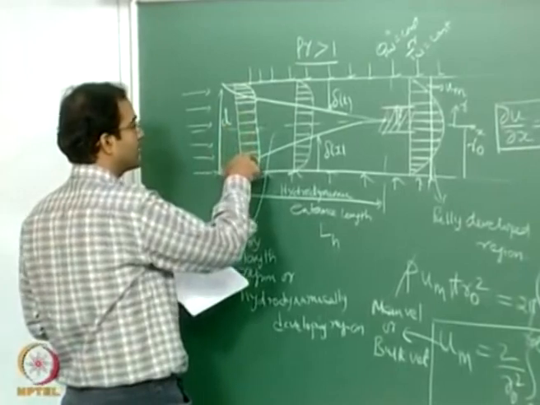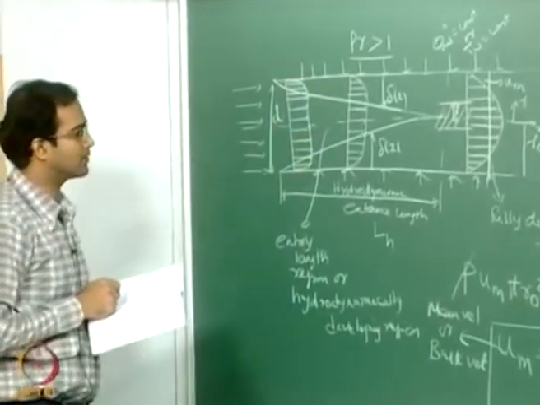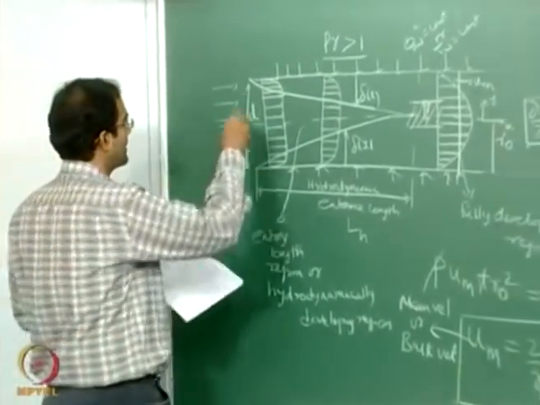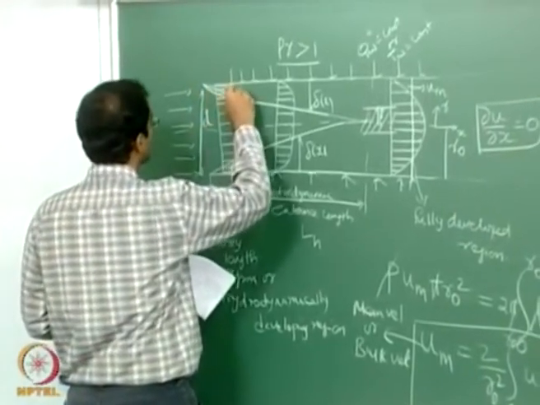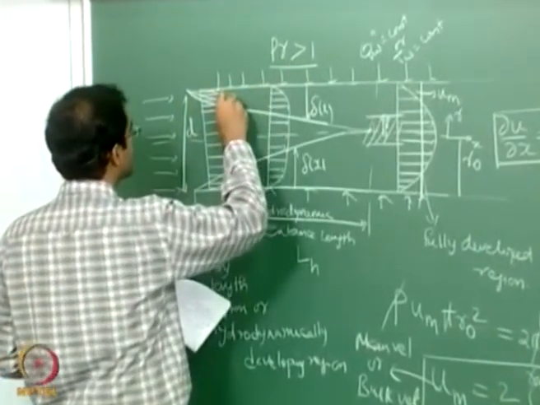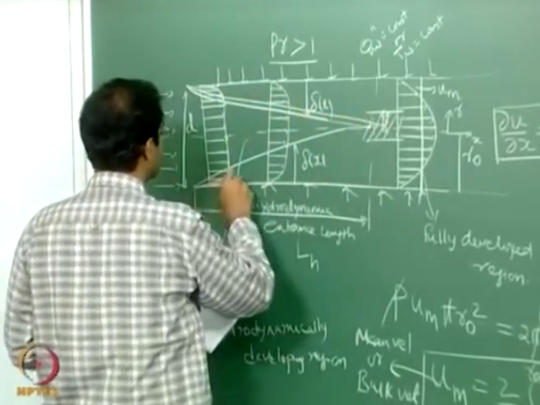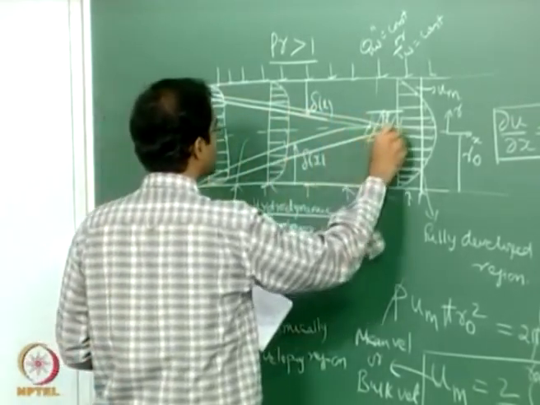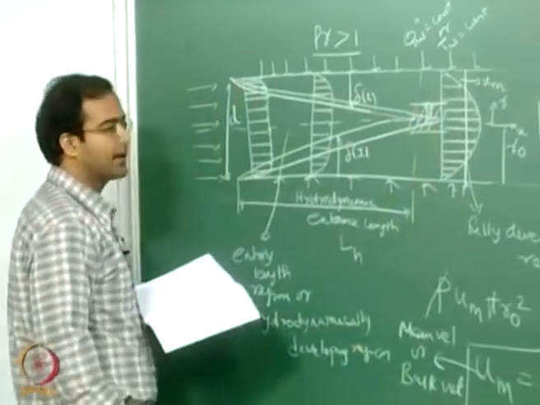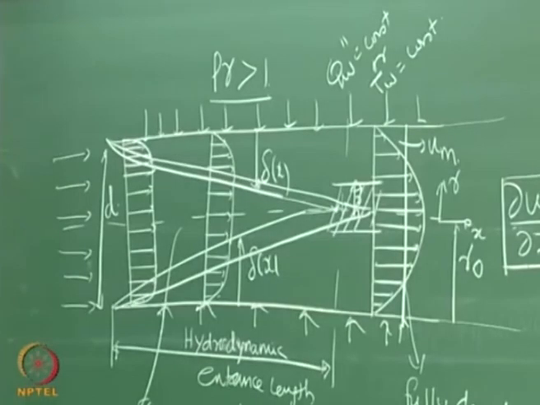Associated with the boundary layer growth of the velocity profile, you can also have a thermal boundary layer growth. If my Prandtl number is greater than 1, my delta T will be less than delta, and therefore the growth of the thermal boundary layer will be smaller than the velocity boundary layer growth.